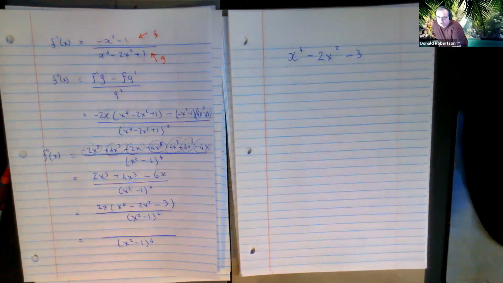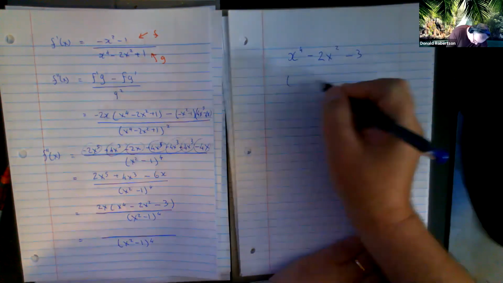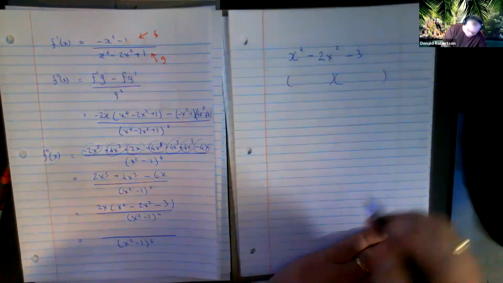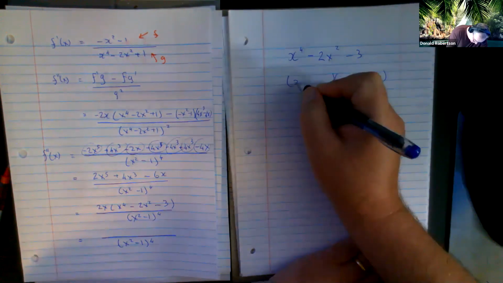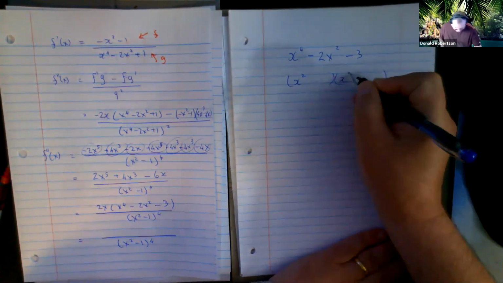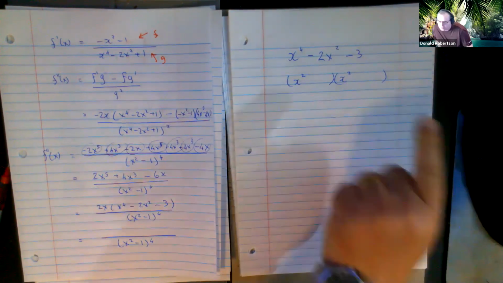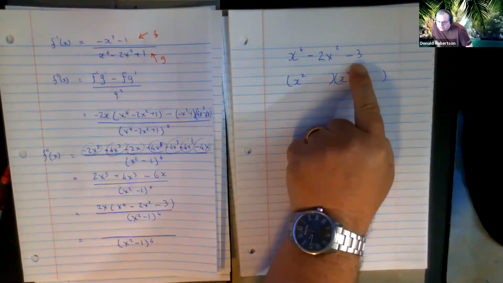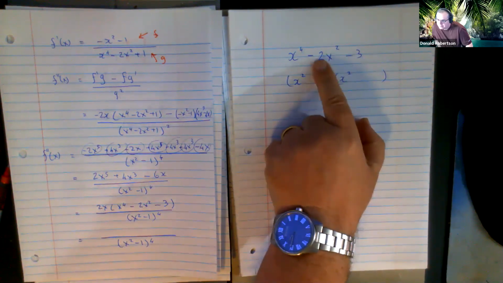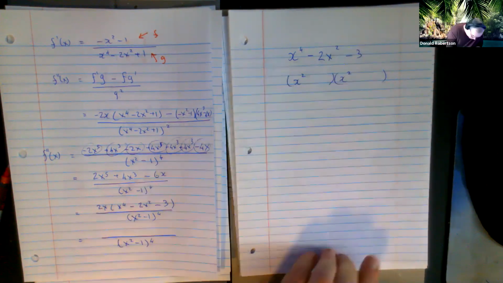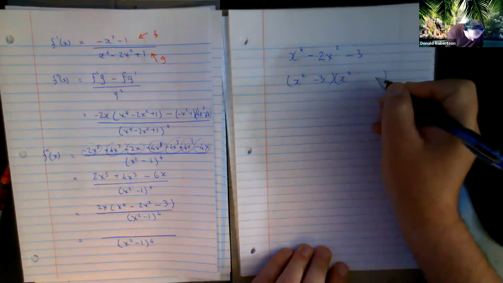That isn't a quadratic, right? It's got x to the 4s in it, but it can still be factored. It's a trinomial, and it's x squared and x squared. And that's where the x to the 4 comes from. And I am looking for two numbers that multiply together to give me -3, but when I add them or combine them, I get -2. And would you agree that -3, is that -1?